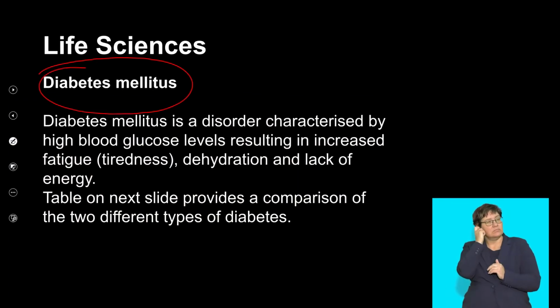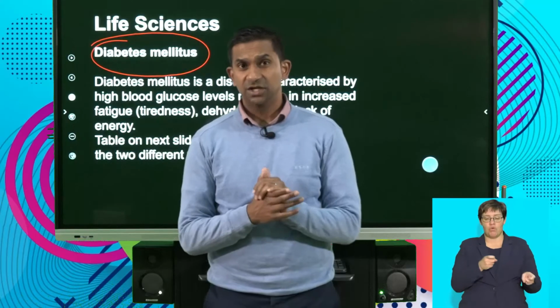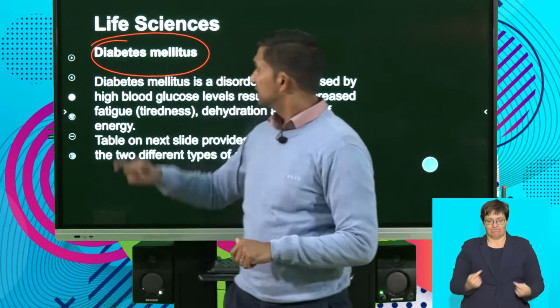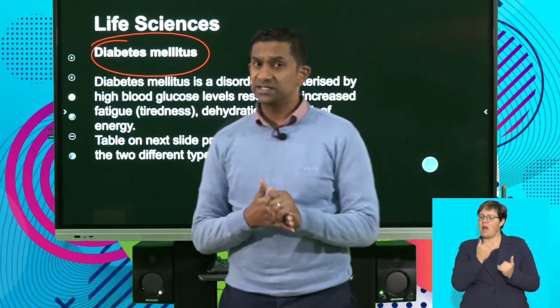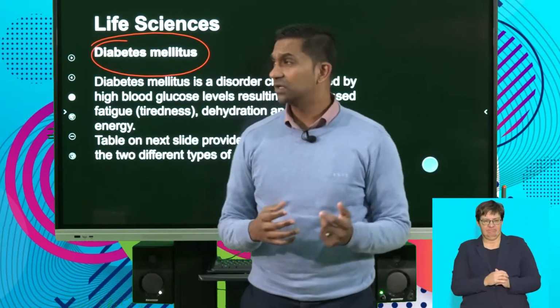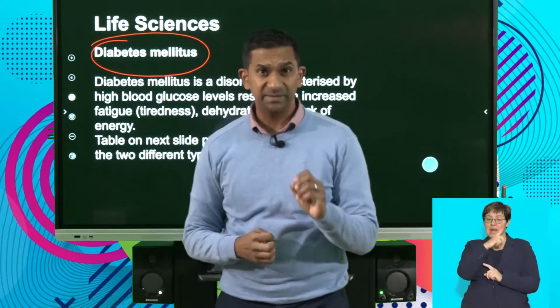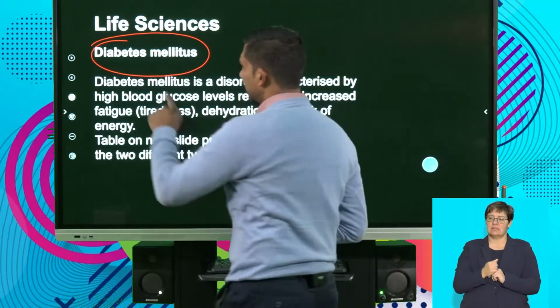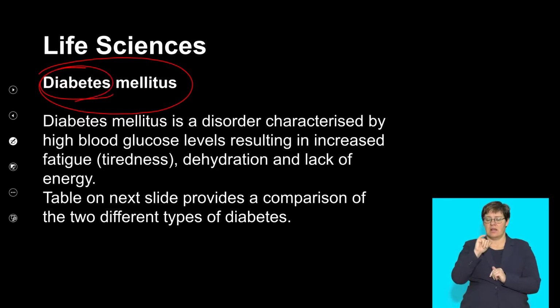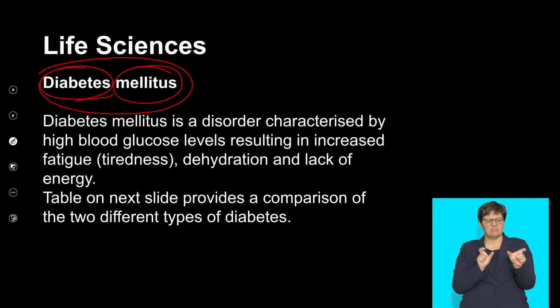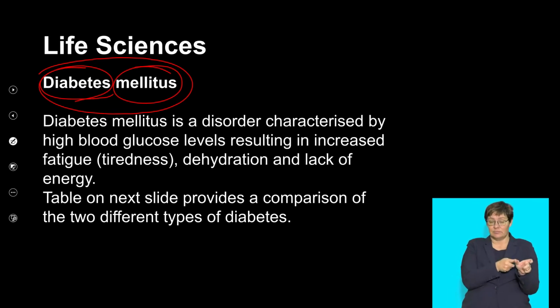Let's look at what happens when an individual is not able to control their blood sugar level. And guys, it's a disorder that is common to many South Africans. We around the world, we know that many individuals are affected by a condition called diabetes mellitus. Let's try and unpack the word diabetes and mellitus. Essentially, the word diabetes refers to the production of large amounts of fluid, such as urine.